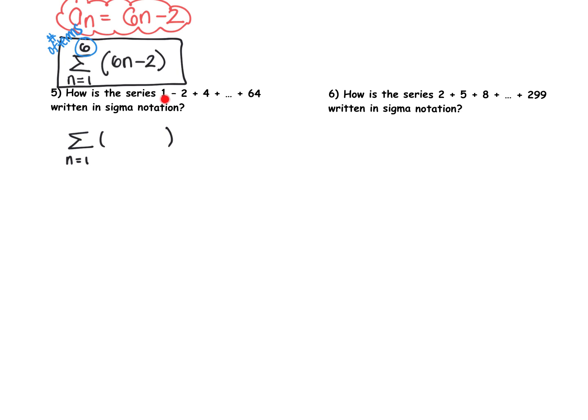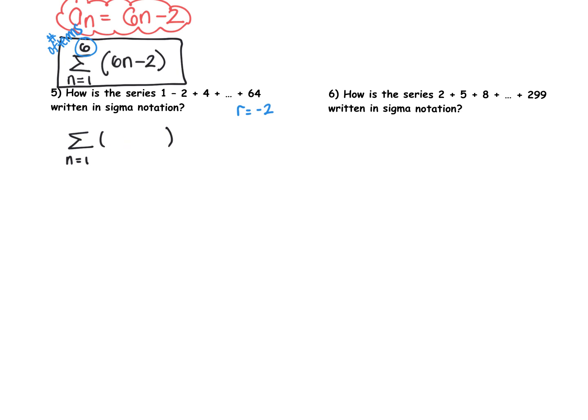So I know that 1 times negative 2 will give me negative 2. Negative 2 times negative 2 will give me 4. So that seems to work. So I'm thinking this is a common ratio. So my r is negative 2. So I need my sequence formula.